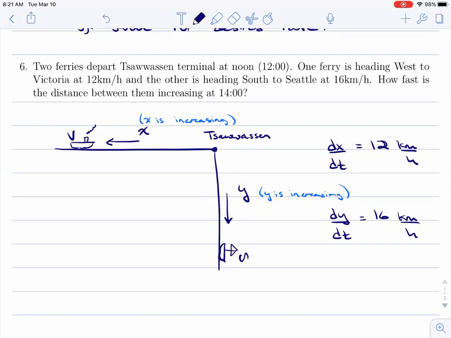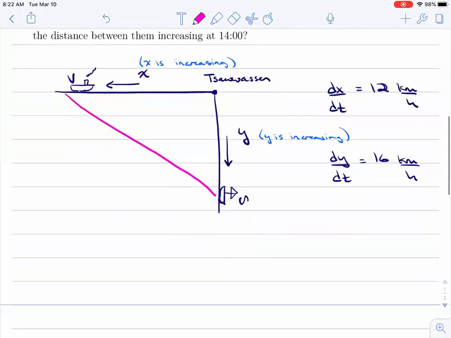And so what we're trying to solve for is, if we let this distance, we've got x, y, let's call this the hypotenuse or something like that. Just pick some variable that you know how to deal with. And so I'm going to call this the hypotenuse h.